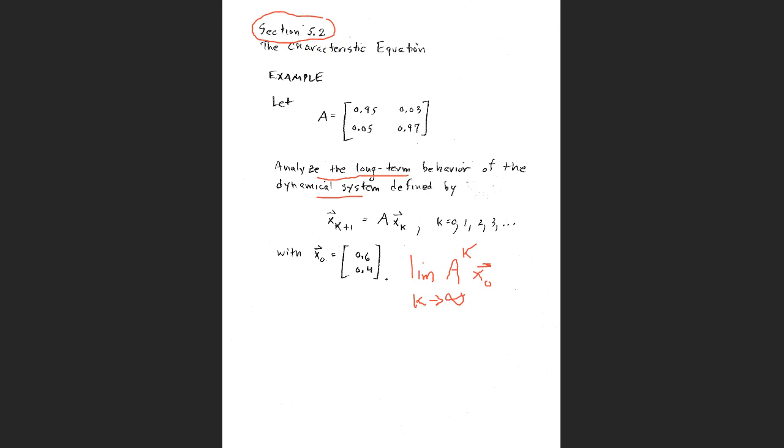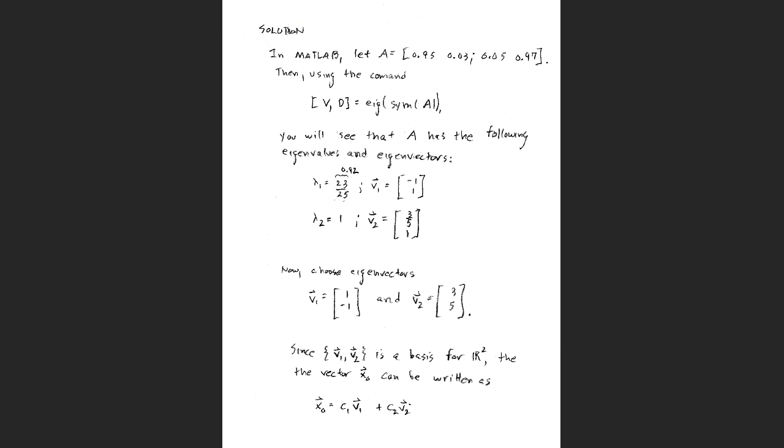In other words, we want to use section 5.2 concepts, eigenvalue, eigenvector concepts, to show that eventually 37.5% of people will live in the city over time, and 62.5% of people will live in the suburbs over time. That's what the population will stabilize to. So how would we do this? Okay, well, let's go here.